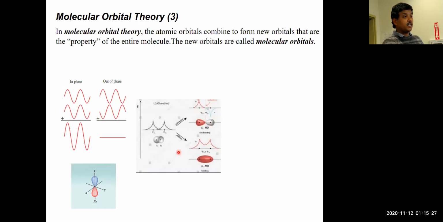Again, when you form two atomic orbitals, you will form overall two molecular orbitals. One is a result of in phase, just like in this image, and you will form a larger molecular orbital compared to the size of the starting atomic orbital. In the other case, you cannot find a molecular orbital that is sharing electrons between them. Sharing electrons is difficult because they have a node.